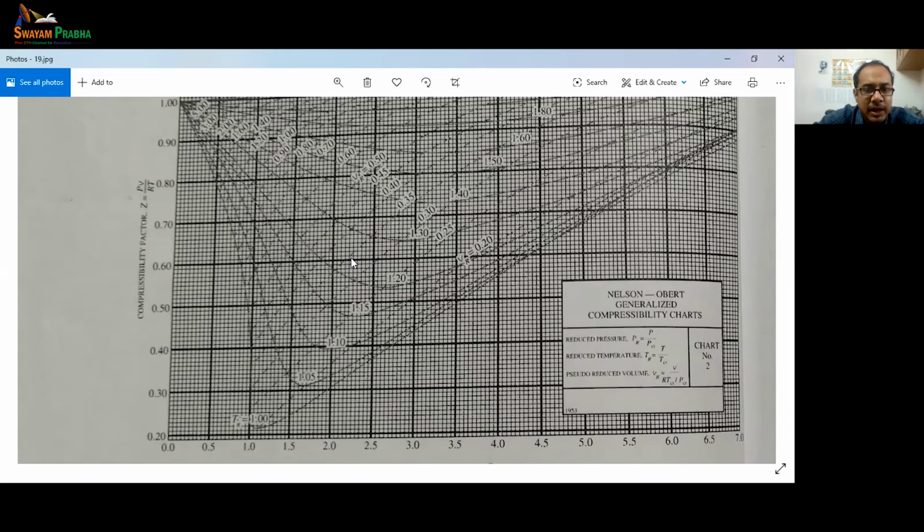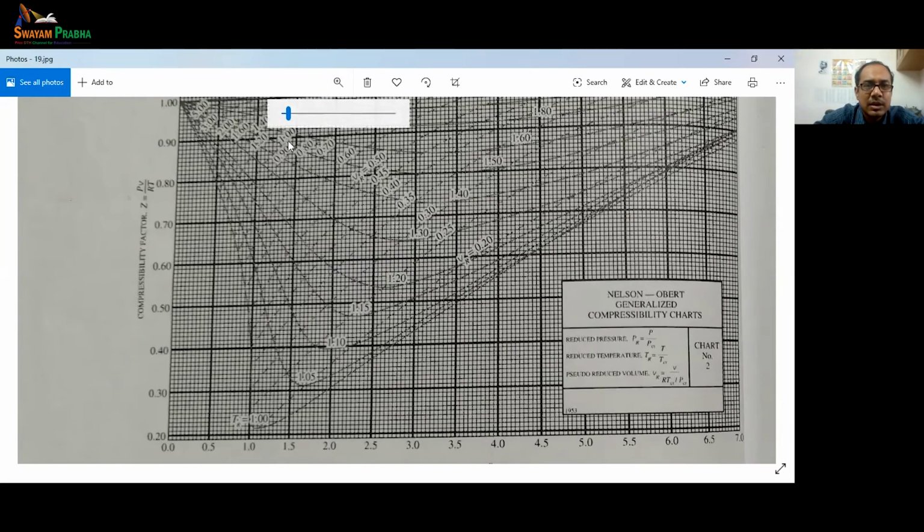ZR will be read from this axis. It will be somewhere above 0.6 that we can say. And for VR, you can see this line is VR equal to 0.2, this line is VR equal to 0.25, this line is 0.3, and then 0.35. So I guess it is coming out to be somewhere between 0.3 and 0.4.